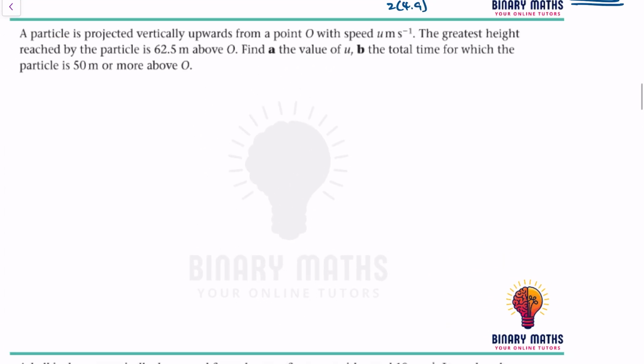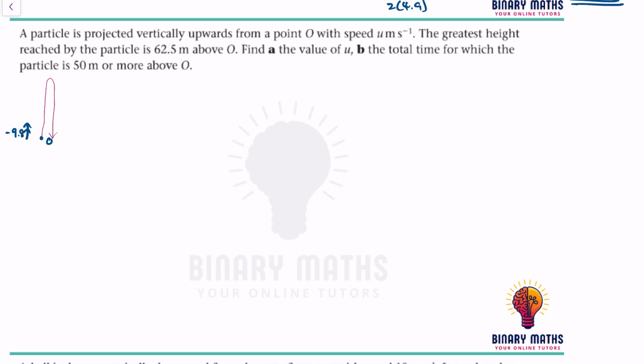A particle is projected vertically upwards from point O with speed u meters per second. The greatest height reached by the particle is 62.5 meters above O. Okay, so somewhere we have a particle which is projected from O, which means it goes up and then back. Because positive direction is up, acceleration will be negative 9.8 because it's acting in the opposite direction.